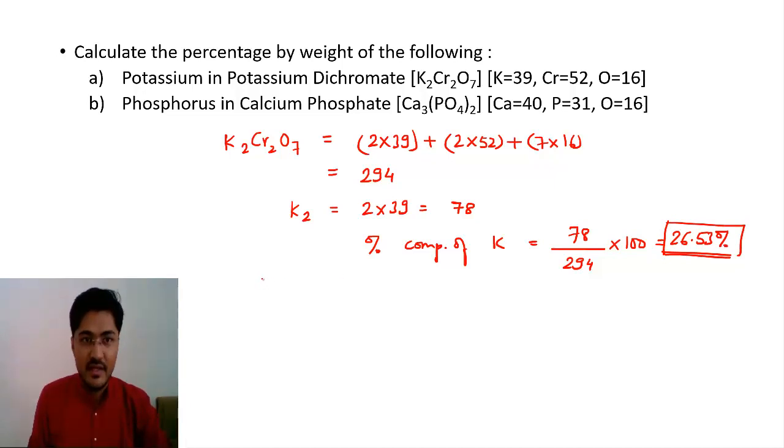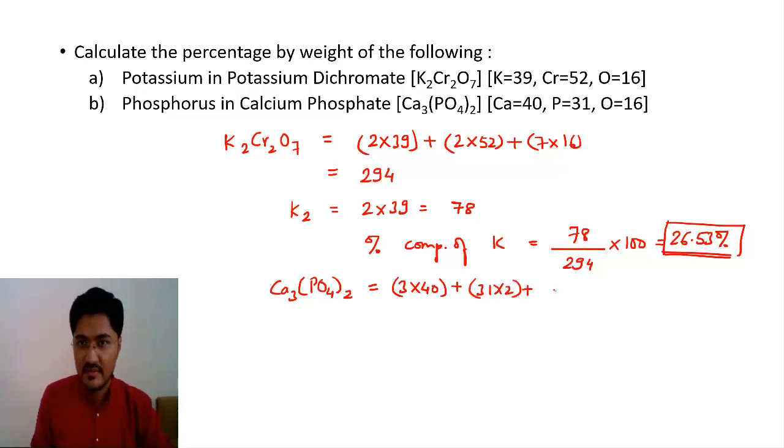And phosphorus in calcium phosphate, that is Ca3(PO4)2. So calcium phosphate's entire molecular weight will be 3 into 40 plus 31 into 2 plus 8 into 16, which comes out to 310.